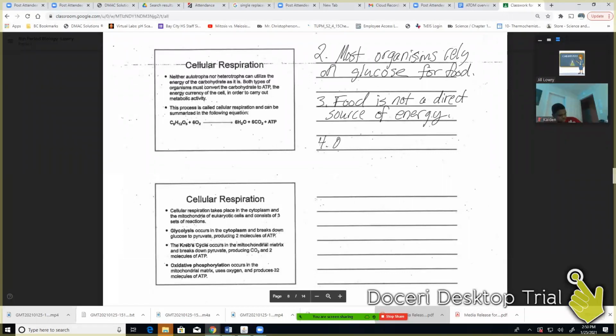Organisms break down molecules in food to produce ATP.